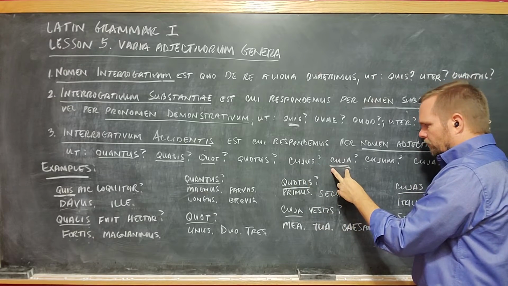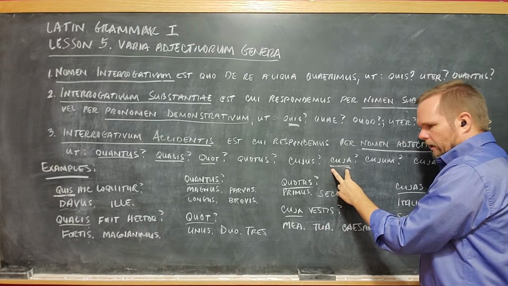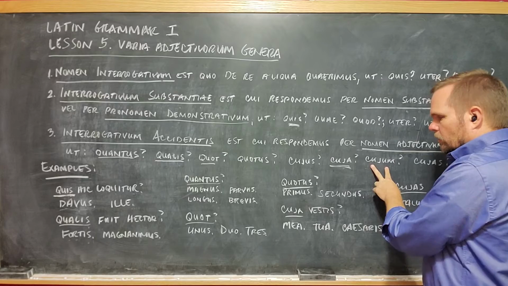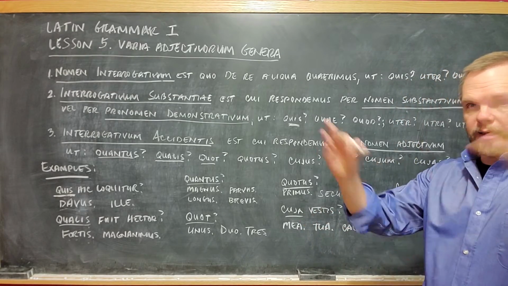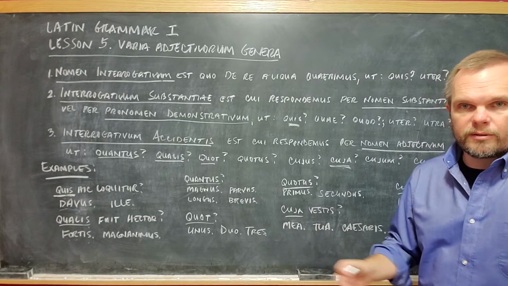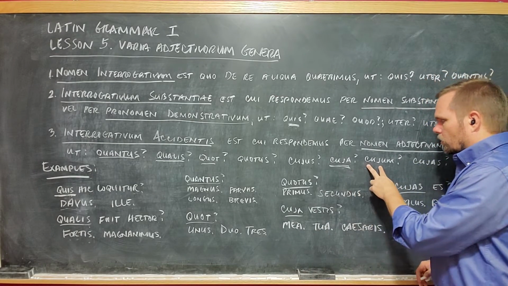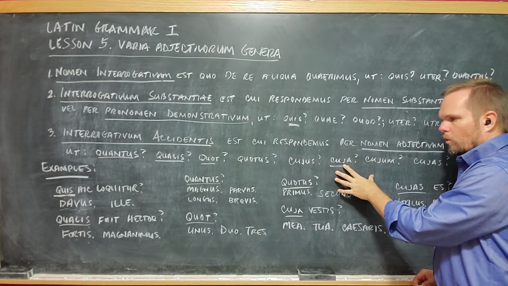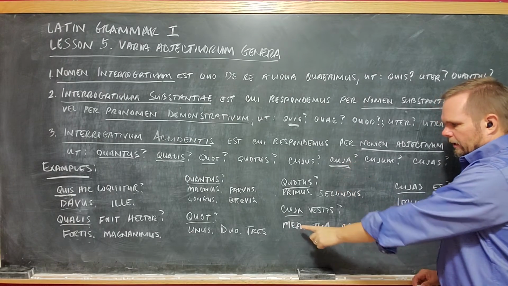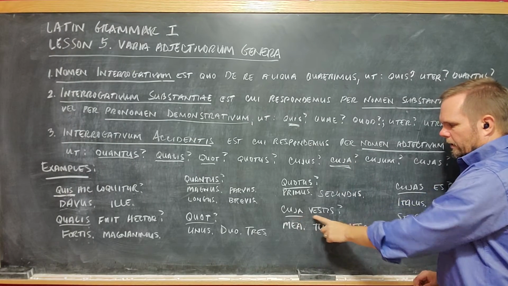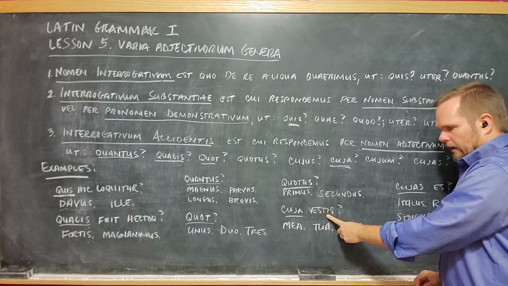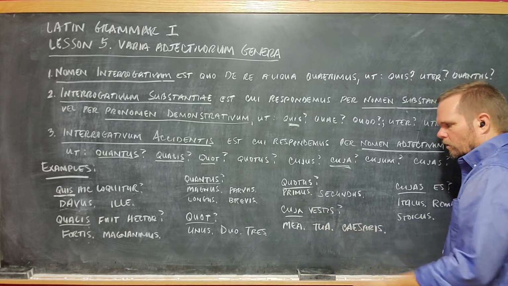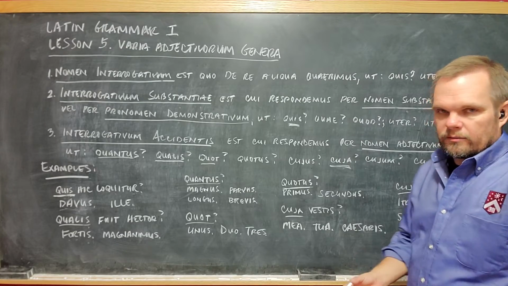If it's expected to be feminine, you would use cuia. And if it was expected to be neuter, or if you were not sure of what the gender would be, and you were just asking without any reference to the gender, you would use cuium. And this means whose. Okay, so here we have an example. Cuia vestis. Vestis is a feminine noun. Cuia vestis means whose clothing.